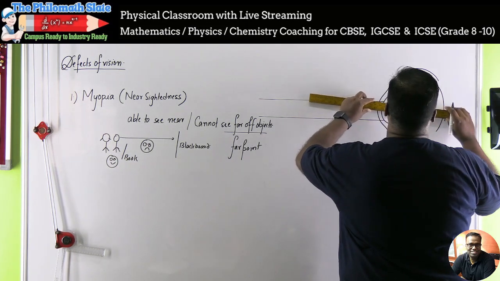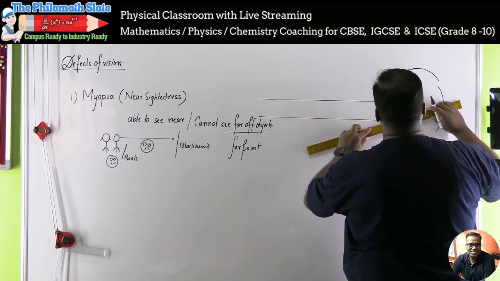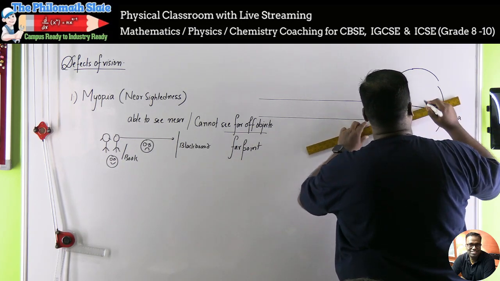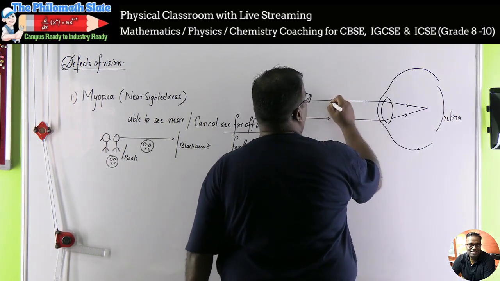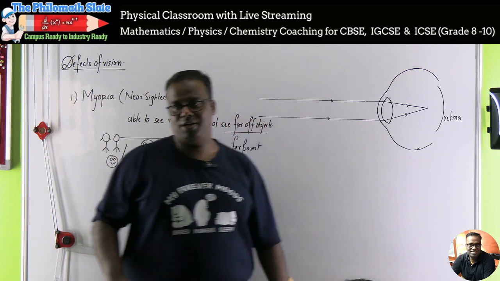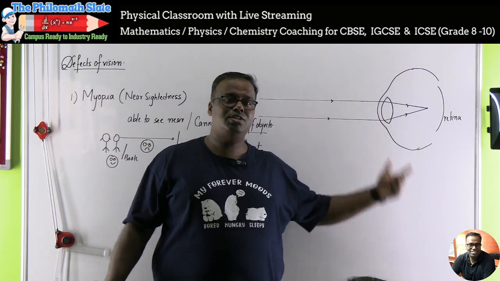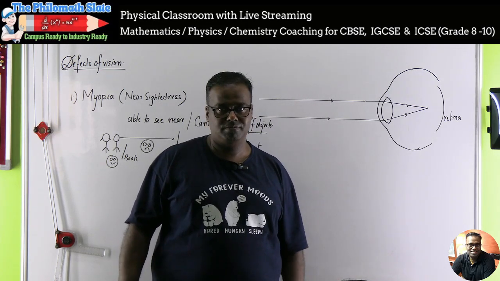Your image is getting formed somewhere here. आराम से समझिए. So we have enough time. So take your own sweet time to understand how it is happening. अब आपको खुद ही समझ में आ जाएगा. एक्स्ट्रा कन्वर्जेंस हो रहा है, तो एक्स्ट्रा कन्वर्जेंस को रिलैक्स करने के लिए क्या करेंगे? थोड़ा डाइवर्जेंस लाना पड़ेगा.